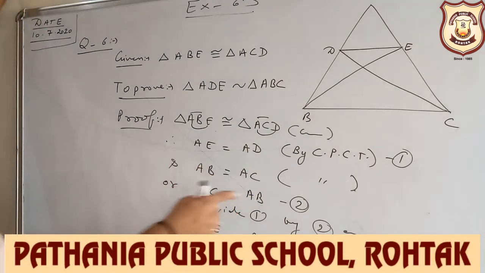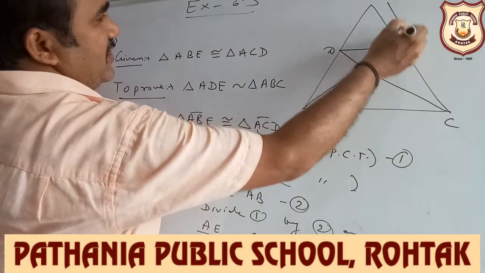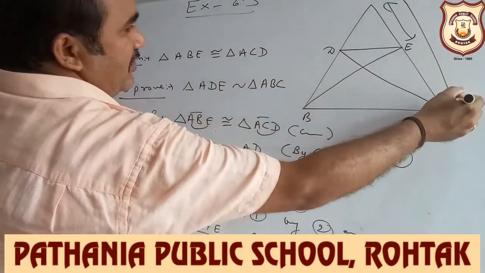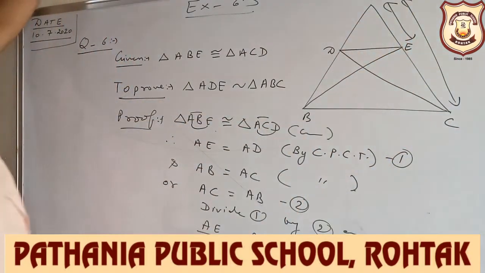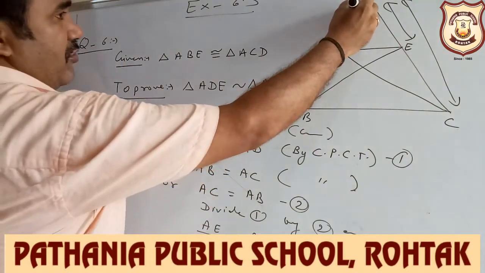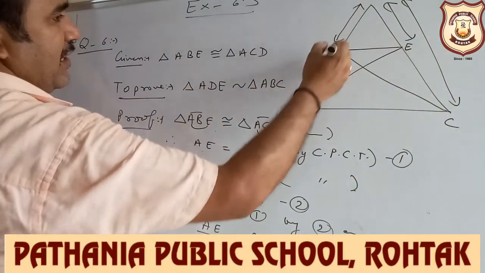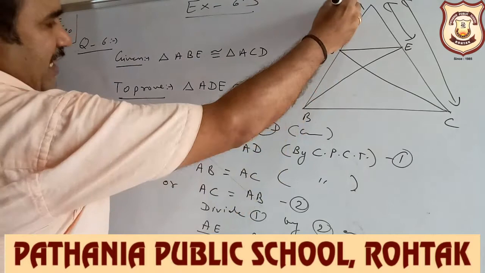AD upon AB means this one side upon this one side, ratio equal to this one side upon this one side.